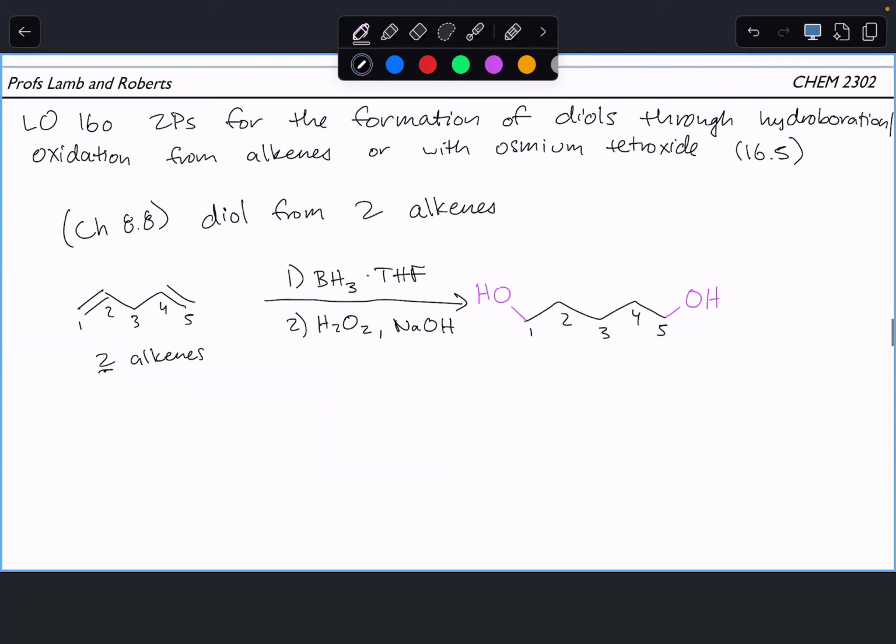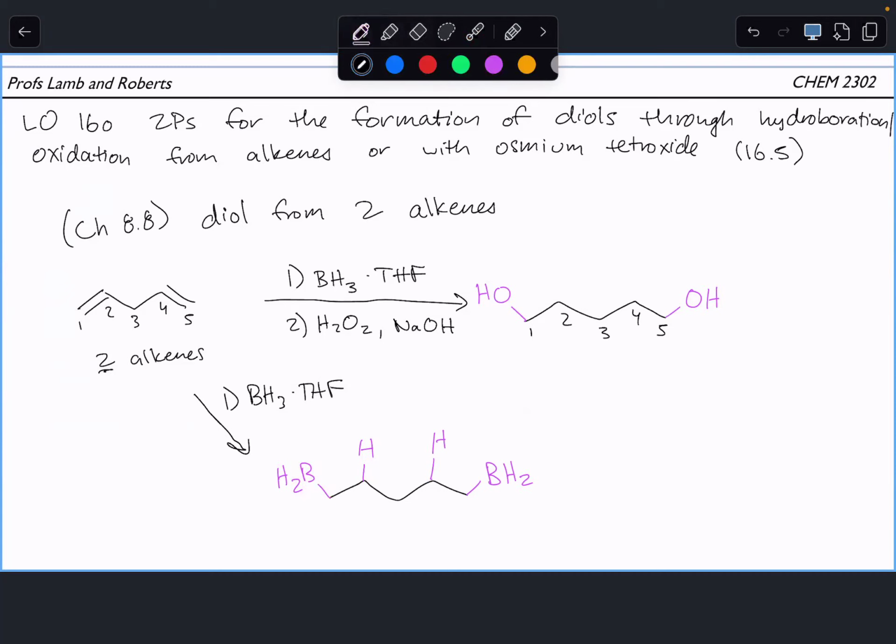So as a reminder, again, you've learned this reaction before. The first step, BH3THF, does the hydroboration part of it, which means that it adds that BH3 across the alkene. So you can see one of the hydrogens from BH3 ends up here, and then the BH2 ends up here.